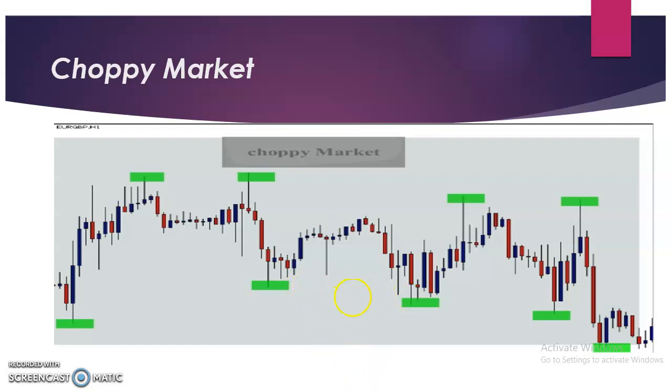It came to this particular place to find a support. It moved and came back again. It broke that support to the downside, and again shot up, breaking the resistance over here, and again everything was just haphazard.